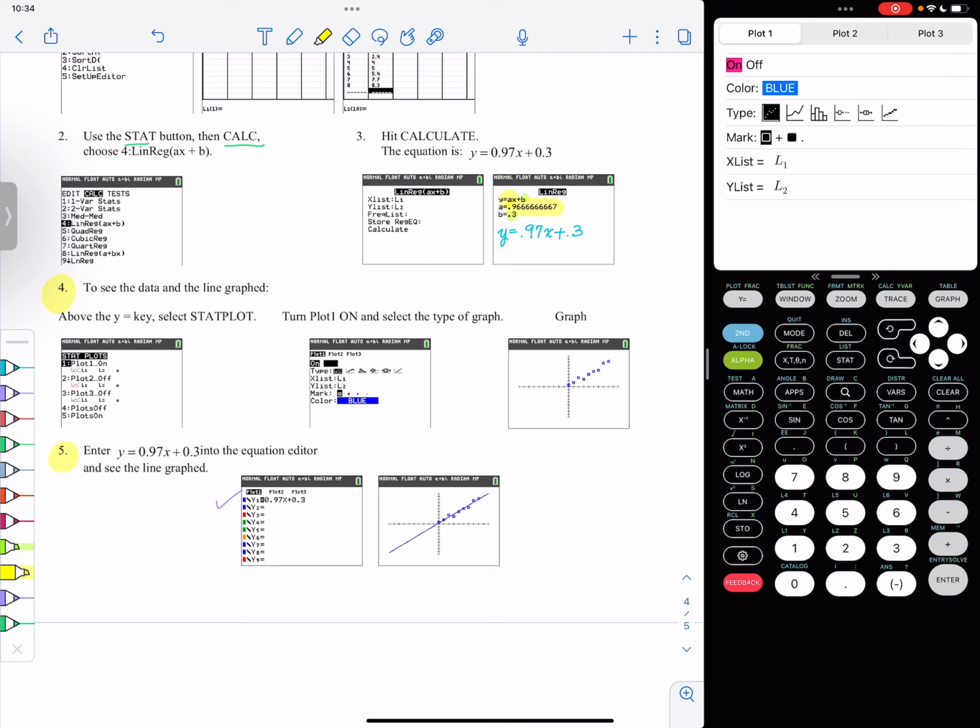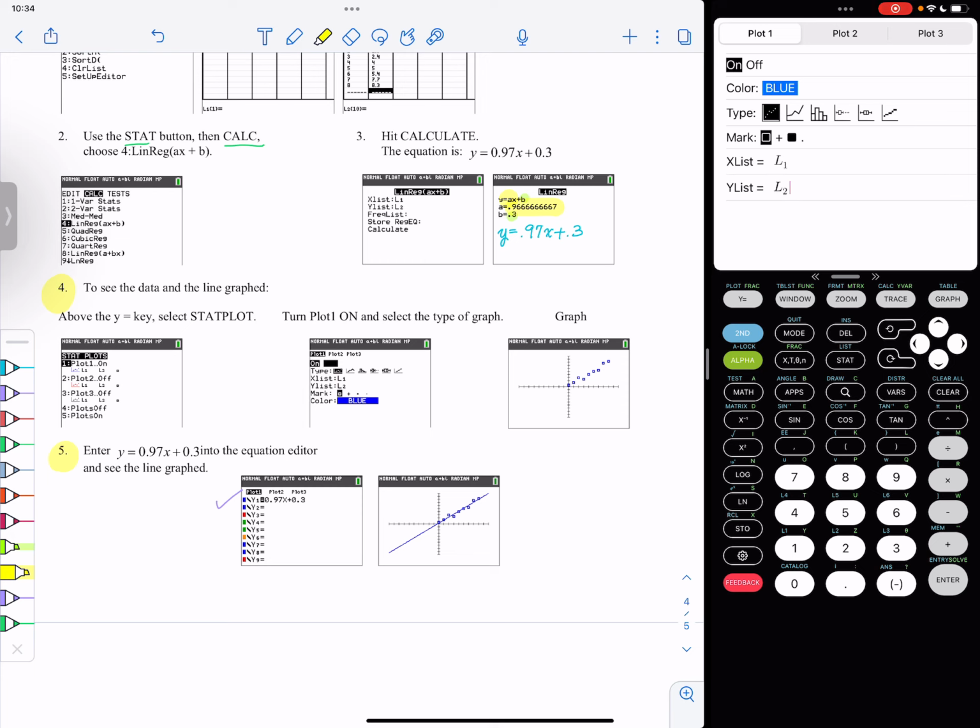Here is a scatter plot, this is a connected points line graph, and here's a histogram. If you take statistics, you'll be using those box and whiskers plots. But we just want the scatter plot. We're confirming that L1 and L2 have our X and Y values.